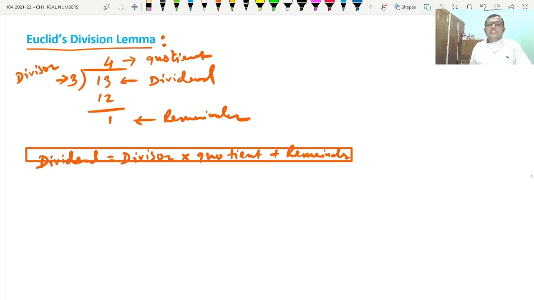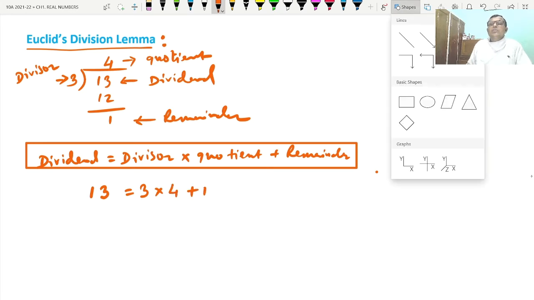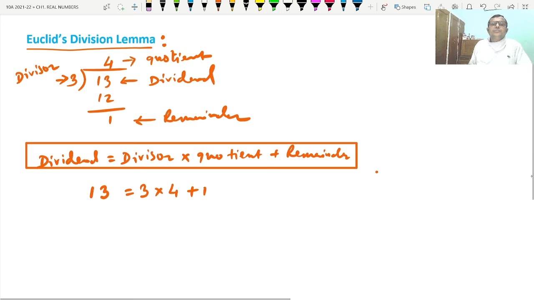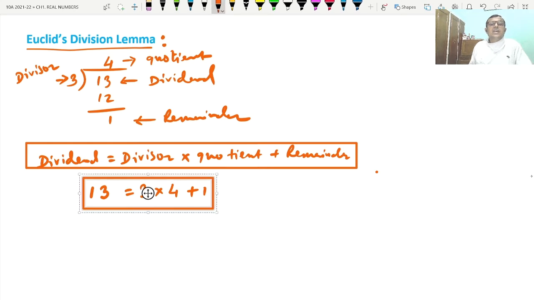Using this fact, how can we write it here? Dividend 13 is equal to divisor 3, quotient 4, plus remainder 1. If you write the fact in this way, it is said to be written in Euclid's division lemma. We have applied Euclid's division lemma here.